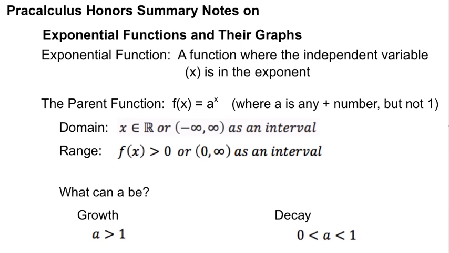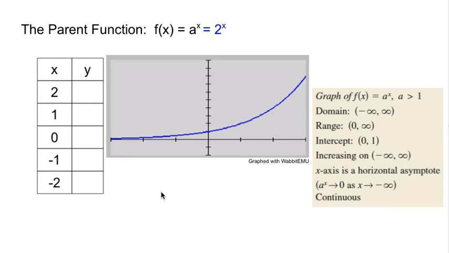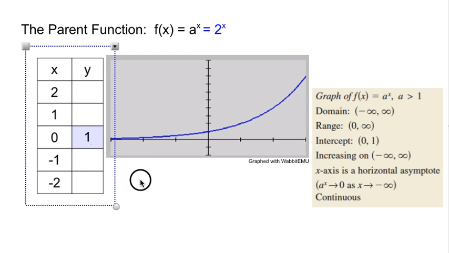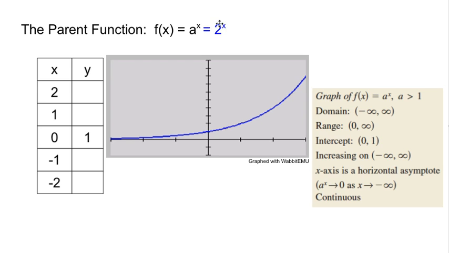Now, let's look at the graph. I'm going to use an example so we can actually graph it of a to the x, which is 2 to the x, and we'll look at a couple of points specifically. I already mentioned that anything to the 0 power is 1. So if we plug in 0 for x, we have 2 to the 0 power, which is 1.